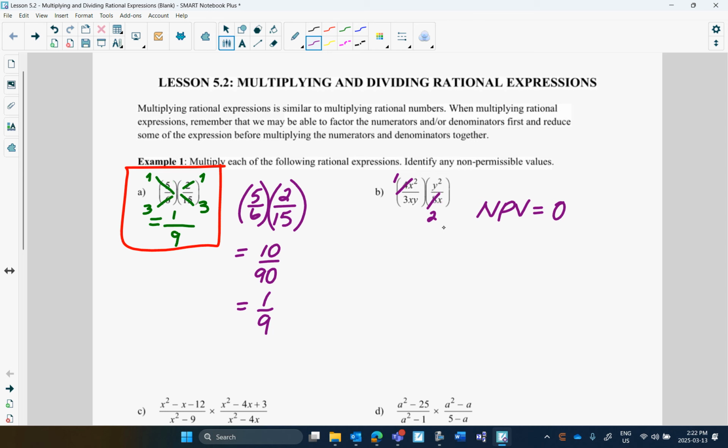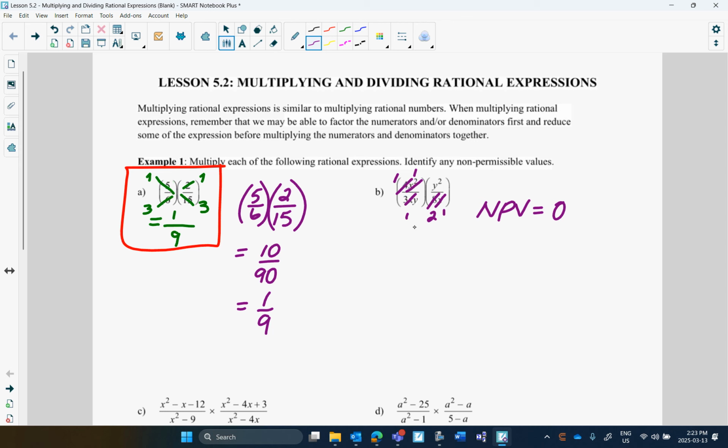How many X's are on top? 2 of them, right? How many X's total are on the bottom? 2, right? So don't all of these cancel out to 1? Because if I've got X squared up top, and I've got an X times X on the bottom, which is also X squared, anything divided by itself is 1. So those things all become 1.